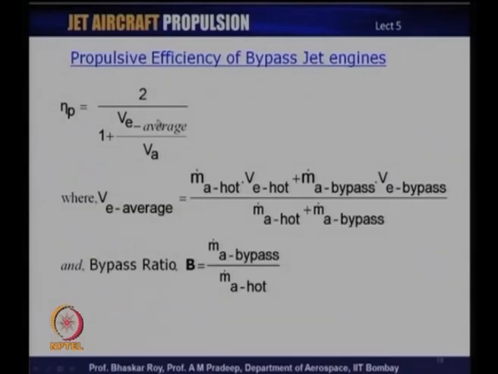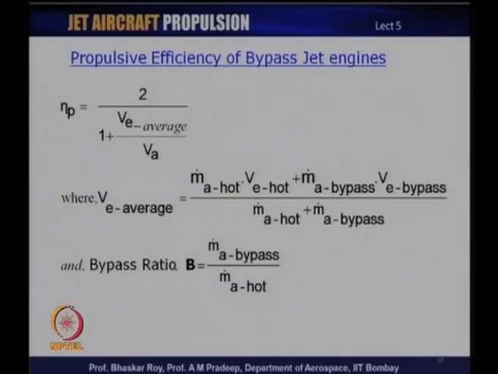Propulsive efficiency has been defined before simply by 2 divided by 1 plus V E by V A. Now, here we can write V E as V E average of the hot and cold, which we can write down here as a mass averaging, and if you do that, the V E average will be substantially lower than that of V E hot, as a result of which this propulsive efficiency is now going to be of a very high order compared to any other kind of jet engine.